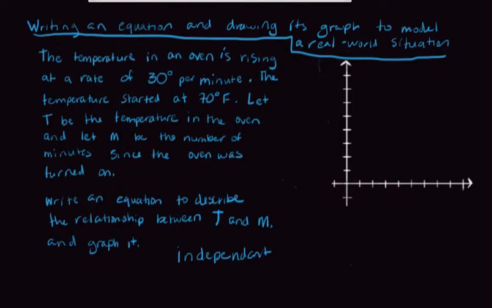I think the temperature in the oven depends on the number of minutes since it was turned on. Every time it was turned on, we have a certain number of minutes, and then it gets to a certain temperature. So the minutes happen no matter whether the oven is turned on or not, but the temperature changes based on the minutes. So the independent variable is going to be the minutes, and the dependent variable is the temperature.